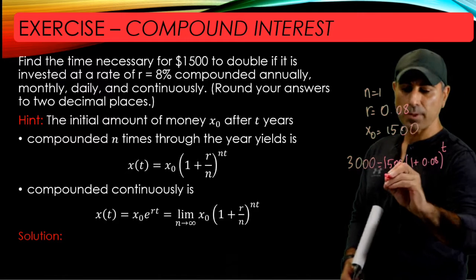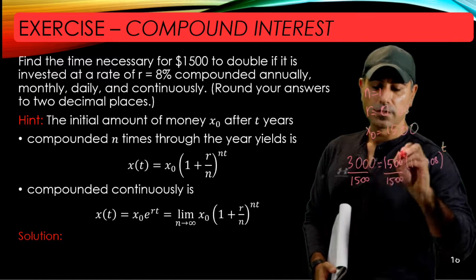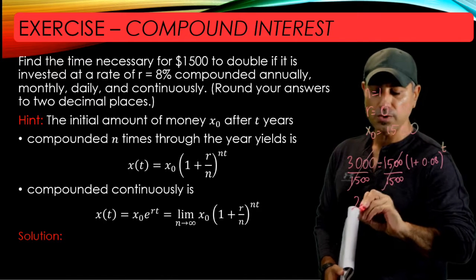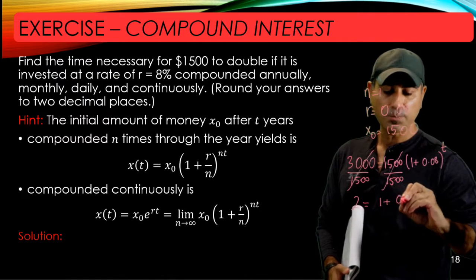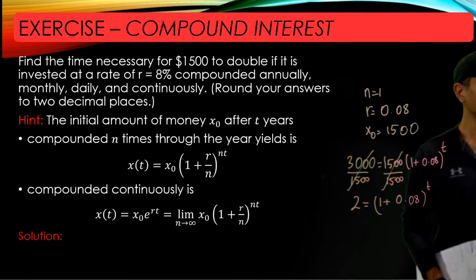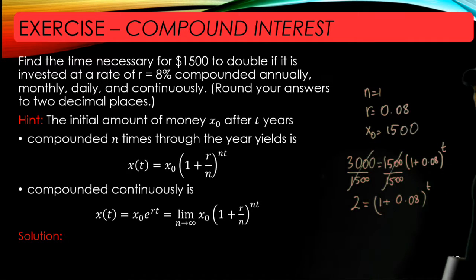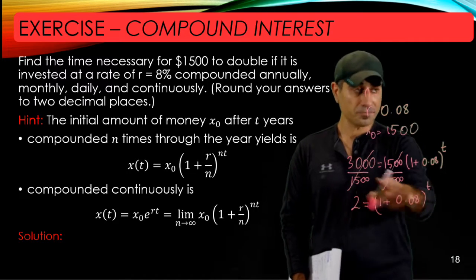So why don't we divide both sides by 1,500, so that you have 2 on the left and 1 plus 0.08, to the power t, on the right. To solve this equation for t, we remember something from pre-calculus. We take the ln of both sides.